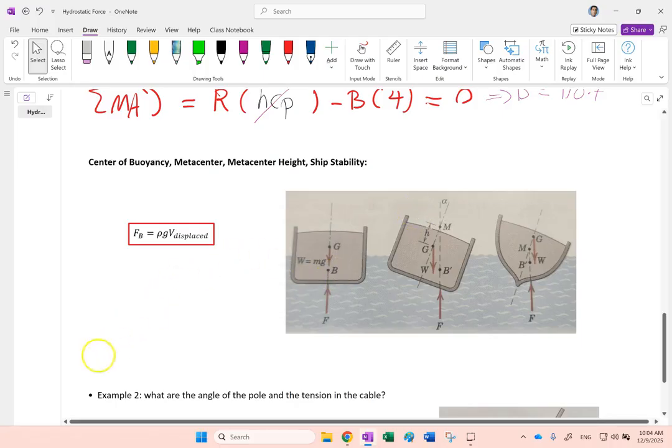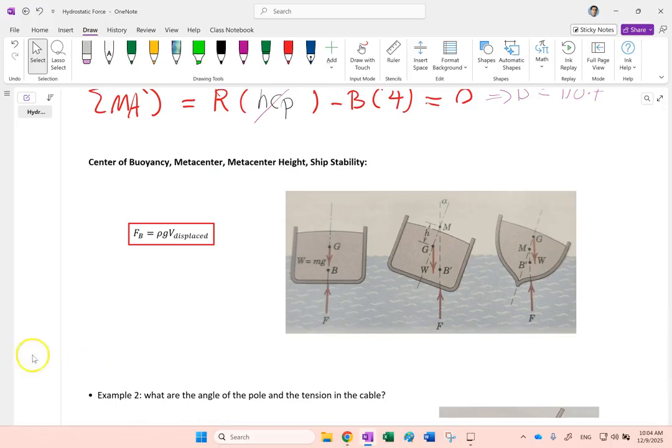So what is the buoyancy force? You probably all know about it. You all experienced it when you go for swimming. You feel like something is pushing you upward and reducing your weight. You feel lighter in the water. And that is because you are displacing a portion of the water by going inside the water, and the weight of that volume of water that is displaced is the buoyancy force that is going to be applied upward to you.